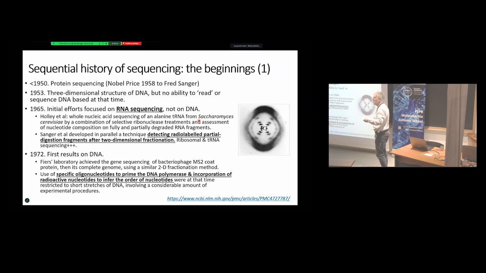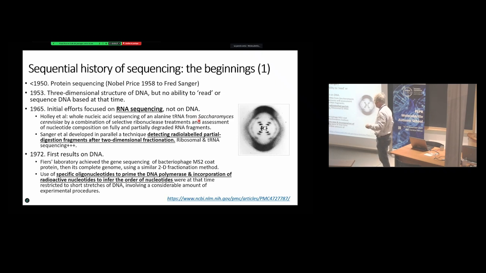In the early 70s, the first results were generated on DNA, and this was done by Fiers' laboratory, which sequenced the coat protein gene of the bacteriophage MS2. Then they were able to get the full genome of the bacteriophage, always by 2D fractionation.